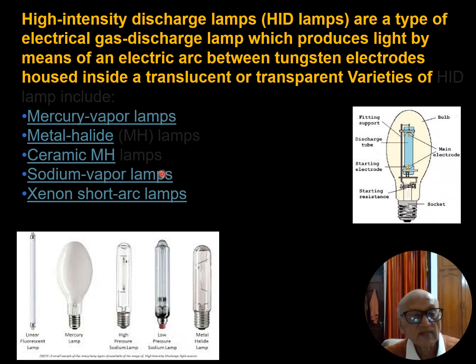They give you 150 lumen per watt, so very high. But these LPSV, low pressure sodium vapor lamps, are monotonic.